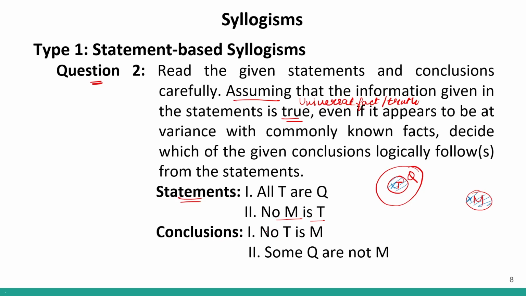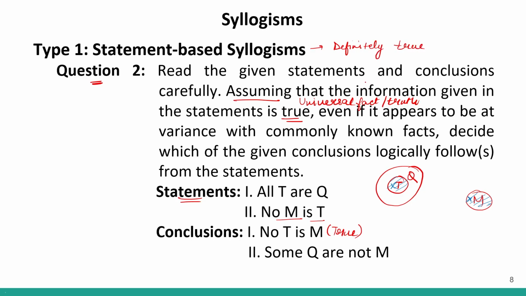Conclusion 1 says no T is M. We definitely know that no T is M because they are not overlapping. So this conclusion follows. It is a true statement. One more thing: whenever we solve questions on statement based syllogisms, we look at definitely true conclusions.